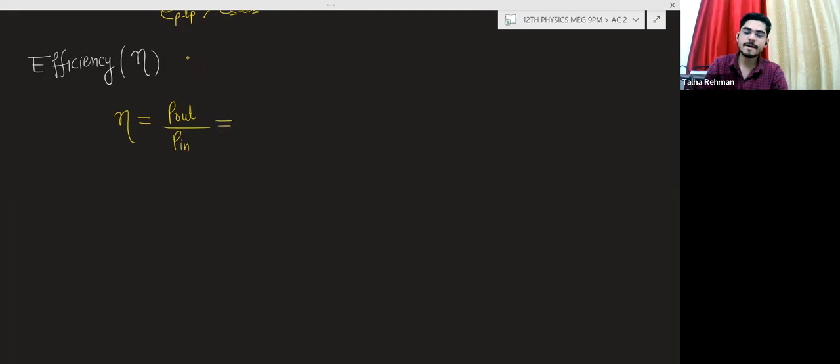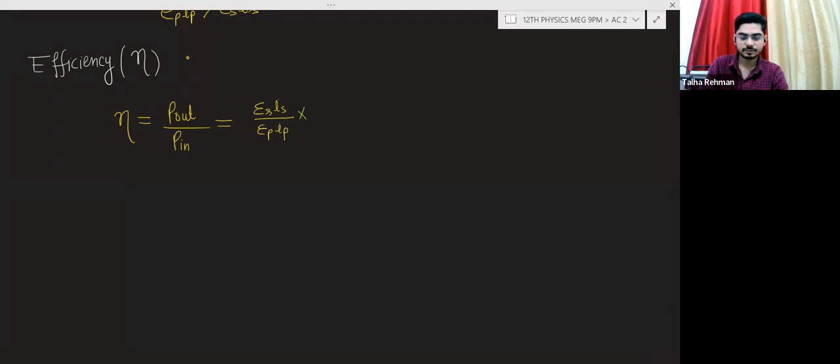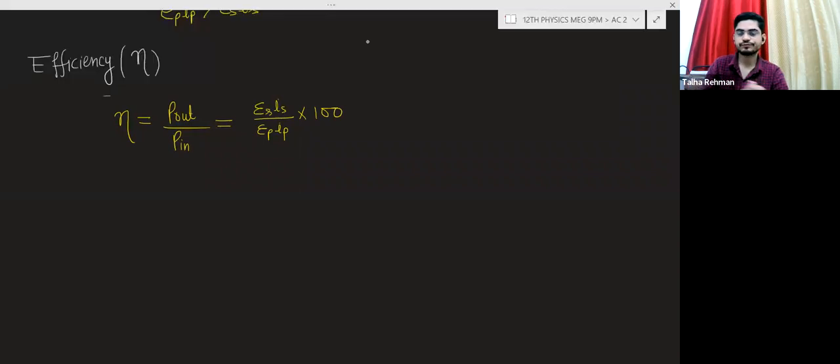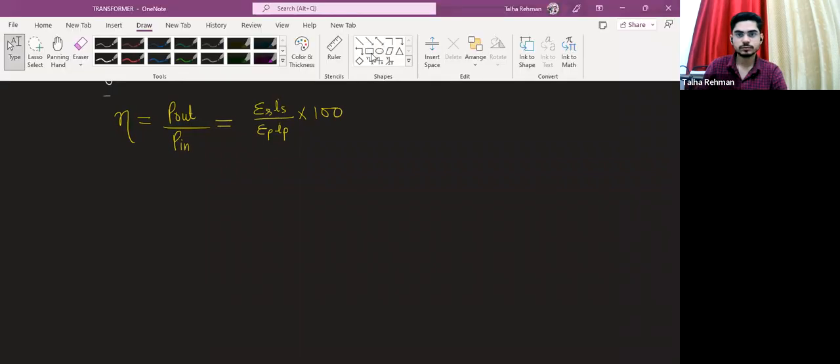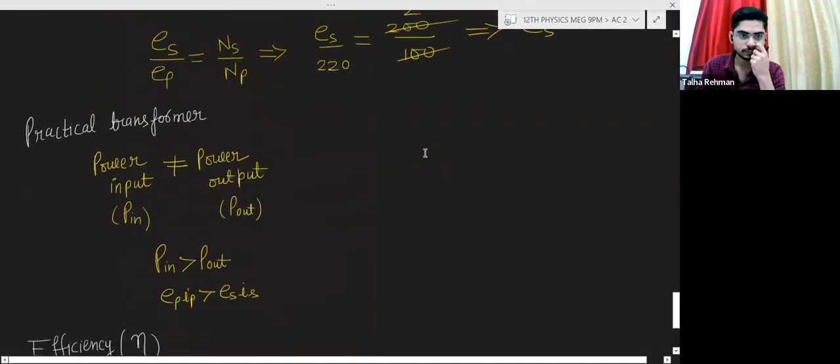Output power is for the secondary coil, so ES IS, divided by EP IP, multiplied by 100. So this will be your efficiency of power.